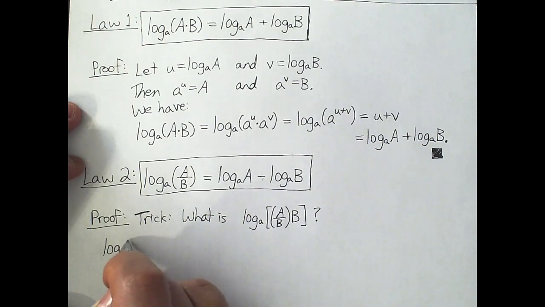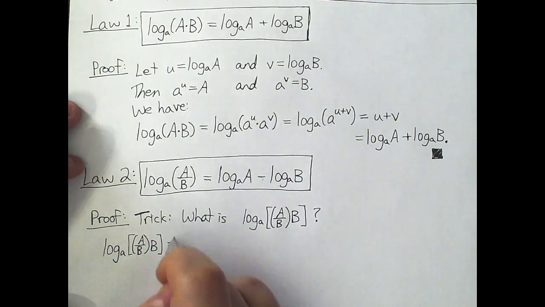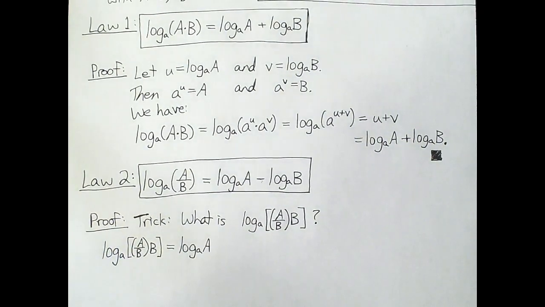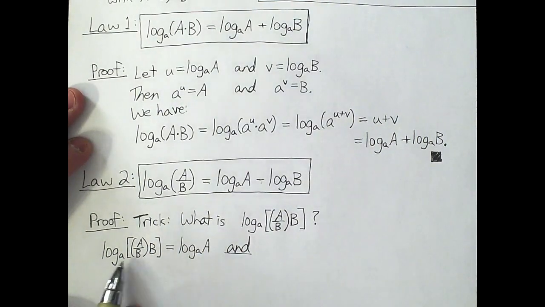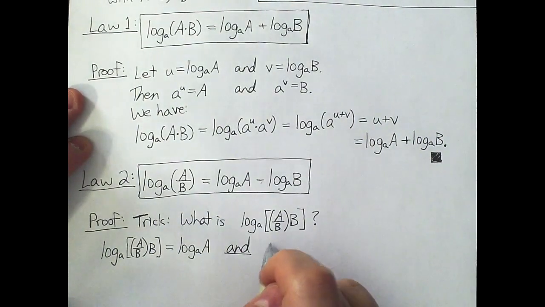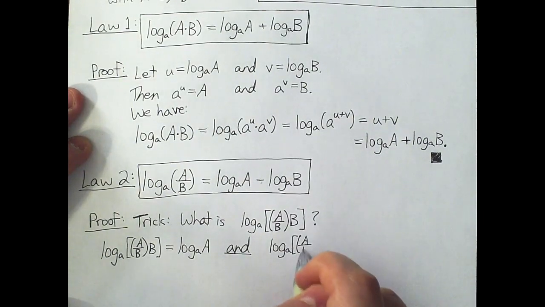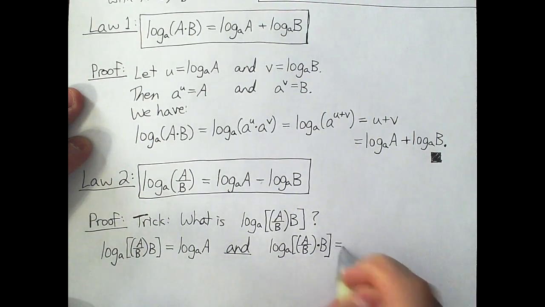Let's see. All right, this expression equals, well, one thing it equals is log base A of A. Like if I just canceled B over B. That's simpler, right? Just cancel B over B. And so it equals that. There's another thing that it also equals. I could say that maybe I look at this and think of this in terms of law 1.